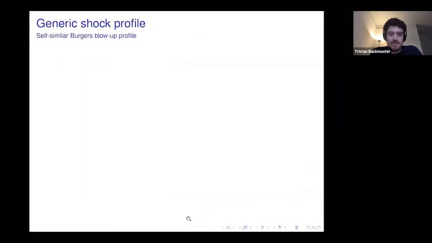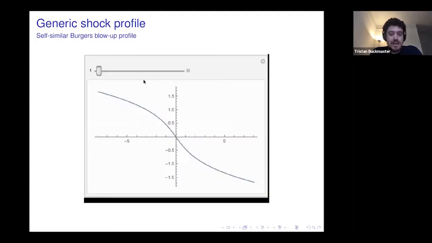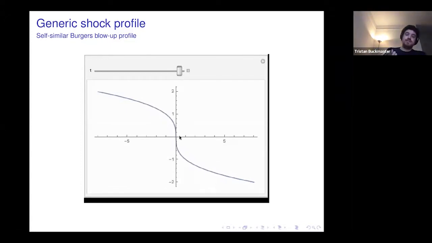So that's the same sort of video. This is the type of shock that we would look for in the case of 1D. This is known as the generic shock profile. The reason this is called the generic shock profile is basically if you zoom in, if you give me any random 1D initial data, the solution will shock, and if you zoom in, it will look like this.